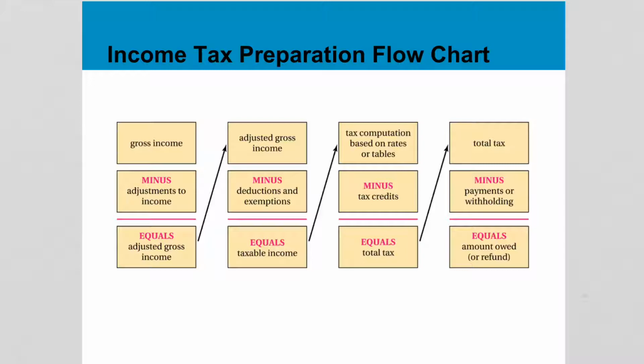Now, to tell you the truth, the way tax is figured is a little bit different from this. This is from 2017. It changed in 2019 to where there's not separate deductions and exemptions.